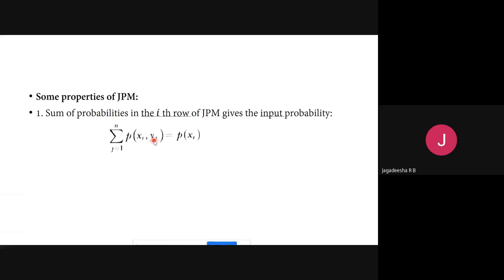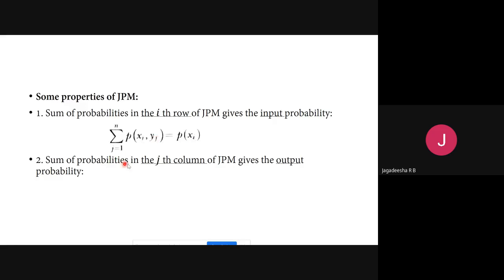So you are changing the outputs for a common value of the input. That means the same row. When you sum up those probabilities, that's equal to the probability of the input symbol xi, right?